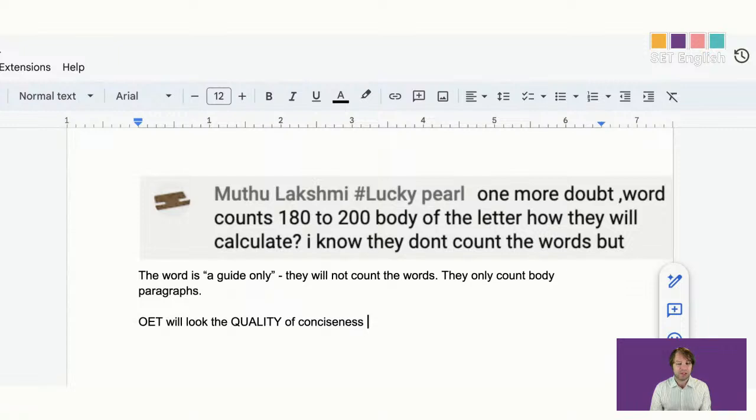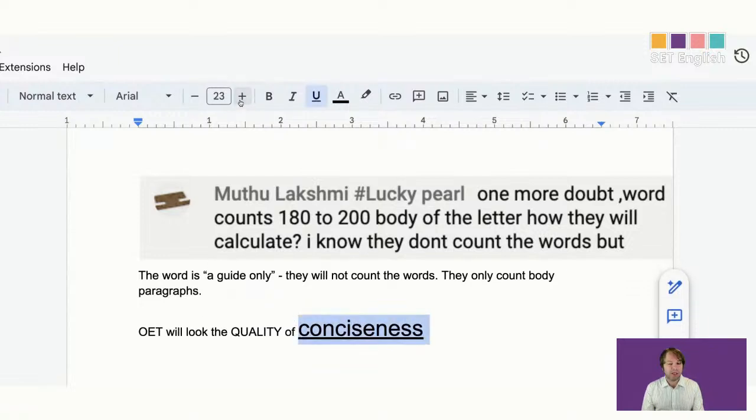Okay? What does conciseness mean? Does anyone know? What does concise mean? This will be the last thing today and I'll finish this class. Conciseness. Anyone? Anyone got an idea?